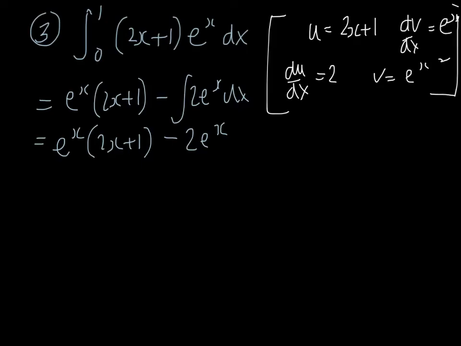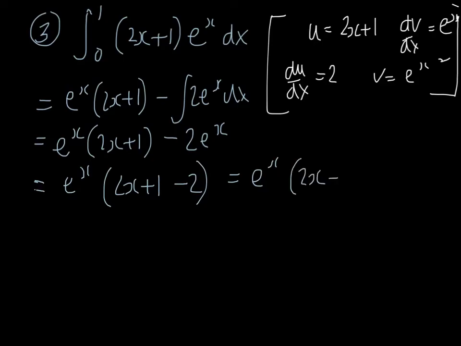And this time it was a definite integral, so we have to put the limits in. Now we could tidy it up first or put the limits in first, doesn't really matter. Okay, so let's just take out a term of e to the x. So we've got 2x plus 1 times e to the x minus 2. So that gives us e to the x, 2x minus 1.